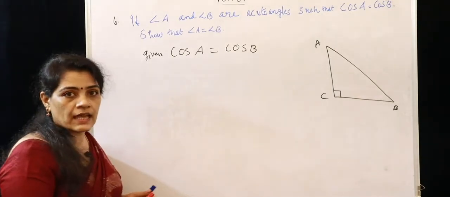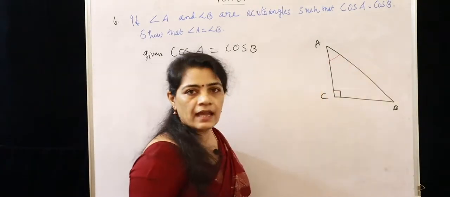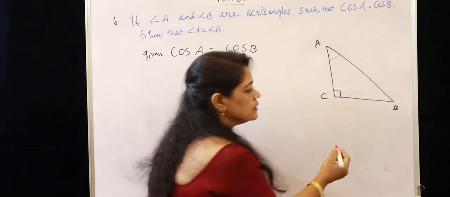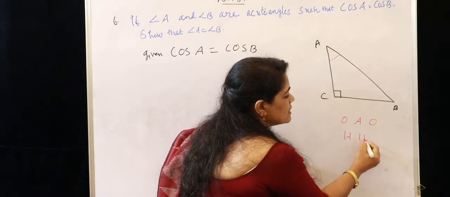What is cos A with respect to angle A? This is angle A. Cos A is nothing but, see children, adjacent over hypotenuse.